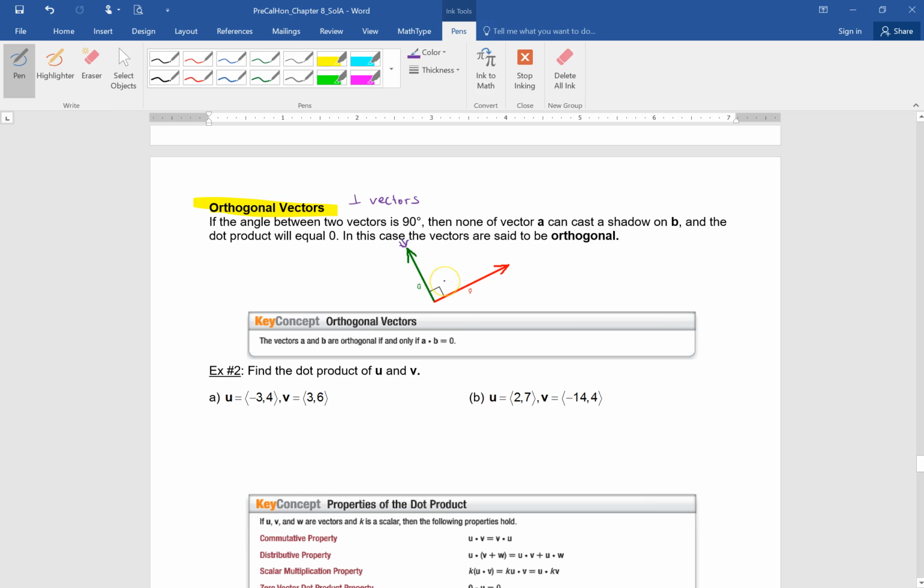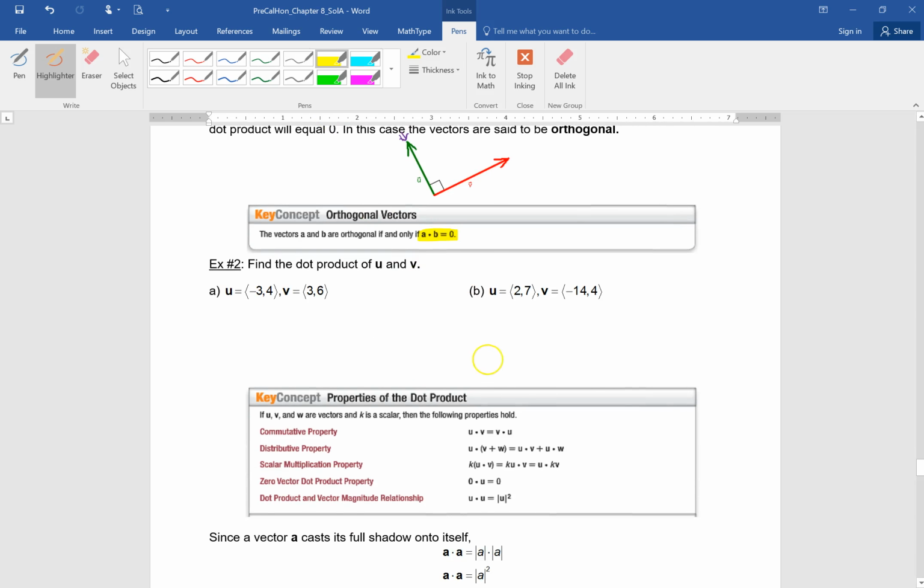So if you're dealing with orthogonal vectors, then A dot B is 0. Also, if you do A dot B and get 0, that means you have two orthogonal vectors. No more perpendicular, it's now orthogonal. It's the same thing with orthopedics: it makes you straight.